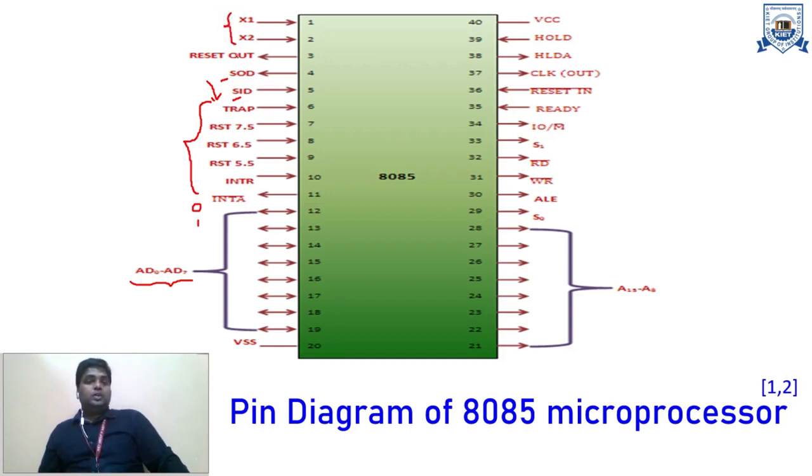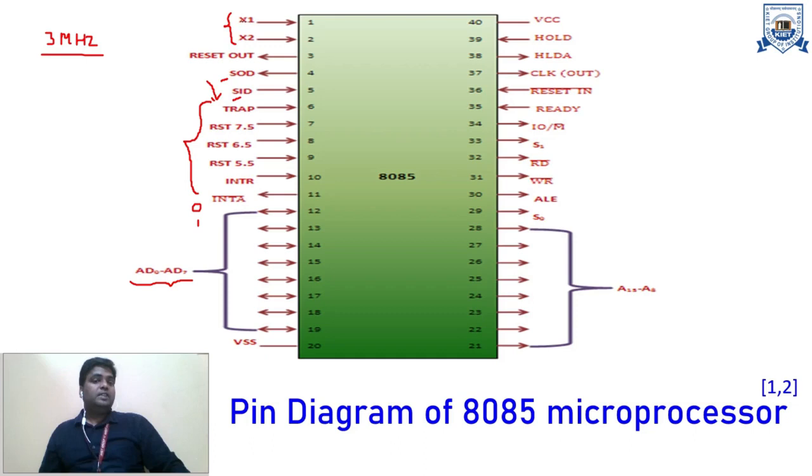X1 and X2, these two pins are used to manage the internal clock frequency of the 8085 microprocessor. As we know, the 8085 operates at a 3 megahertz clock frequency. I just told you in our previous video on the 8085 internal architecture that it operates at 3 megahertz.